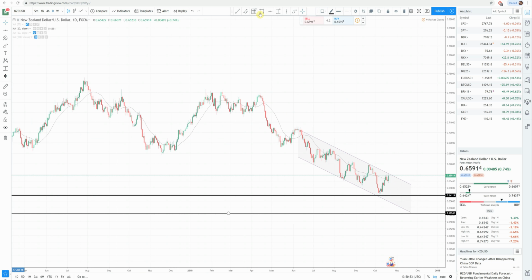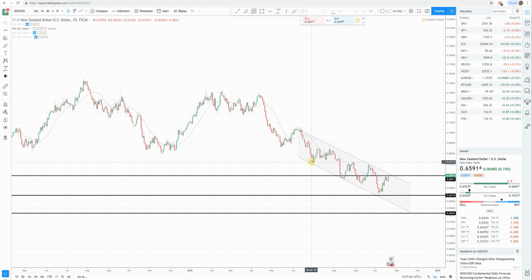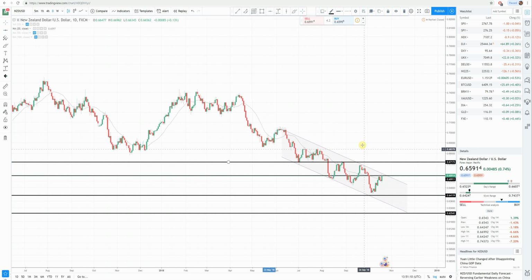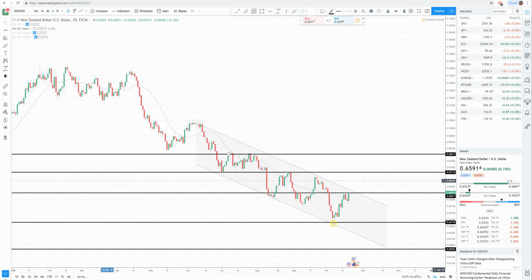Other levels that we should mark, let's see. Flip zones here, a couple of there, multiple hits there. Right, those are the closest SNR zones for now. Let's see.